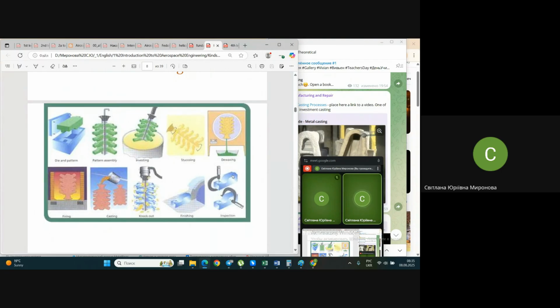Imagine that is the ready part, or at least the ready cast, and this wax model, a model made of easy meltable material. First, it's produced by different means. In case it's individual manufacturing, if you need something once or maximum twice, it may be produced by hand, quite clear.